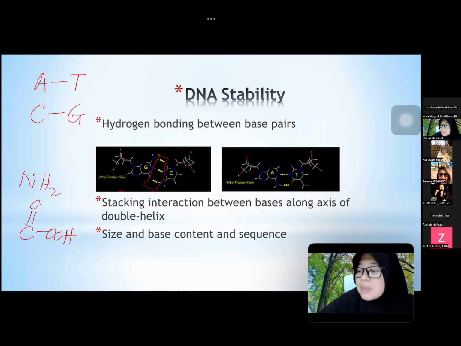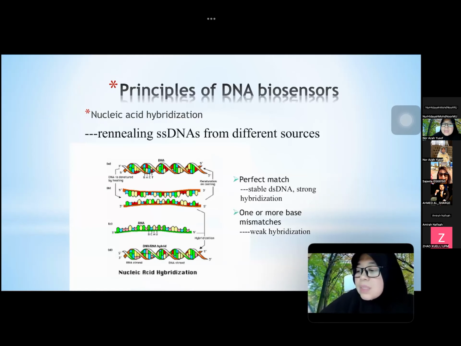You just need to understand some basic structure, in order for you to understand how it works, how you use DNA to detect or to build biosensors.